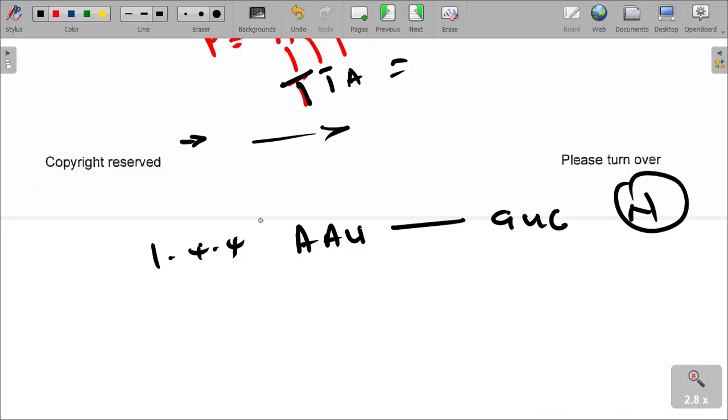We need to look at the corresponding amino acids that can bind to AAU, according to our amino acids molecule table.